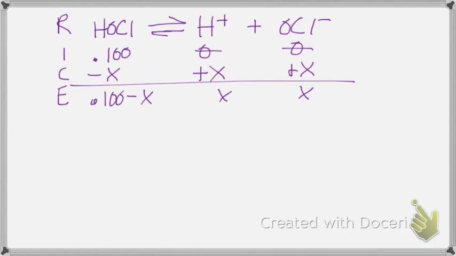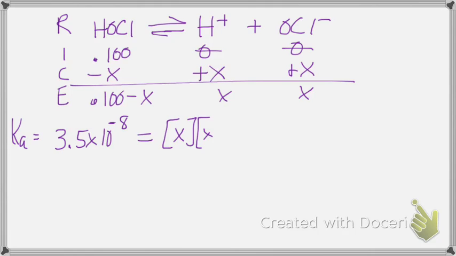They gave us a Ka value of 3.5 times 10 to the negative 8. So that's going to be equal to x squared over 0.1 minus x.